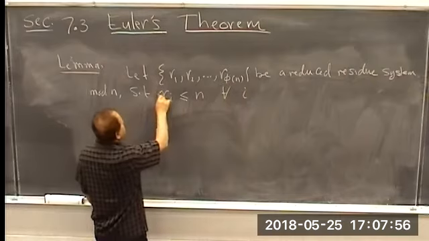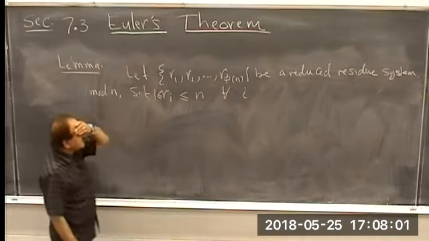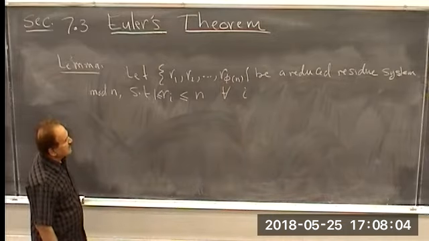Here we're going to make this bigger than or equal to 1. Right? So this is actually the least, in some sense, reduced residue system.